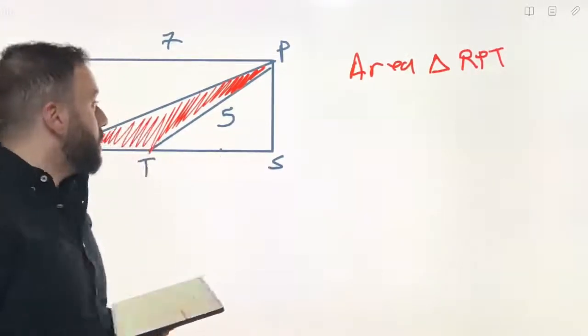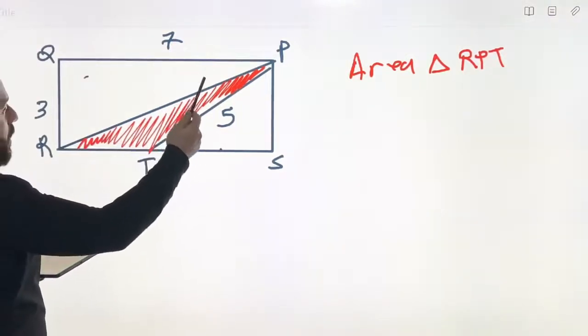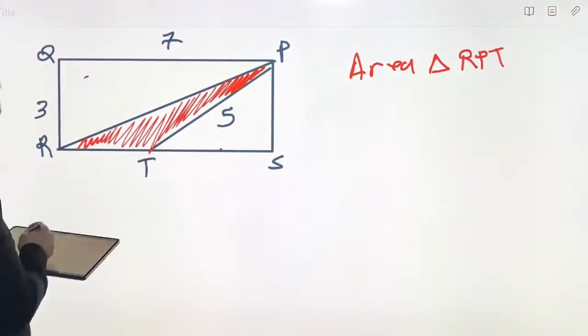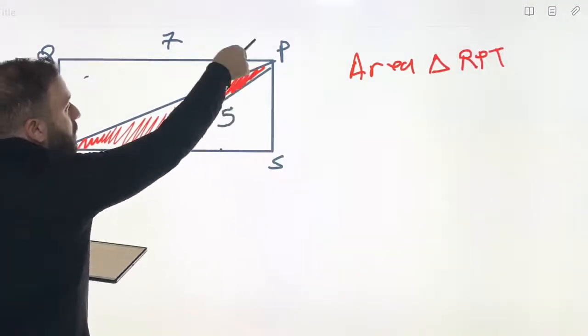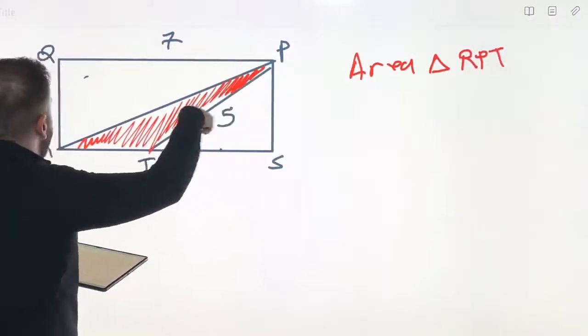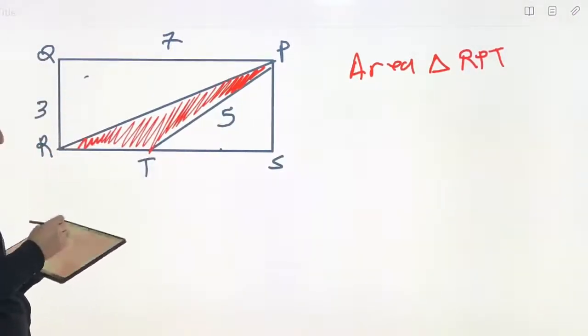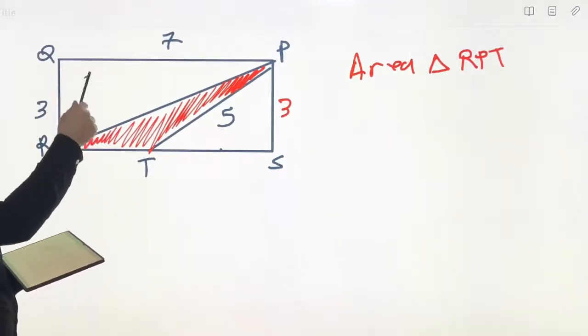So in this case I need to know the area of this triangle. I have the base, which is RT, and I have the height, which is PS. Just put in your mind that PS is equal to 3. So how can I get RT?